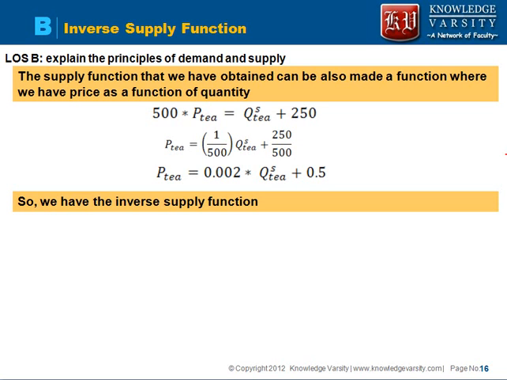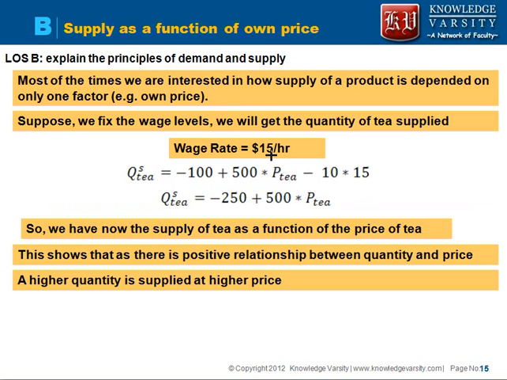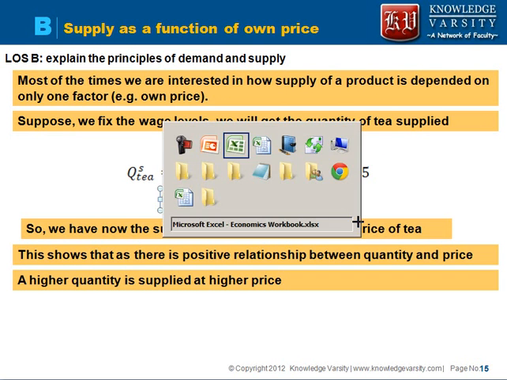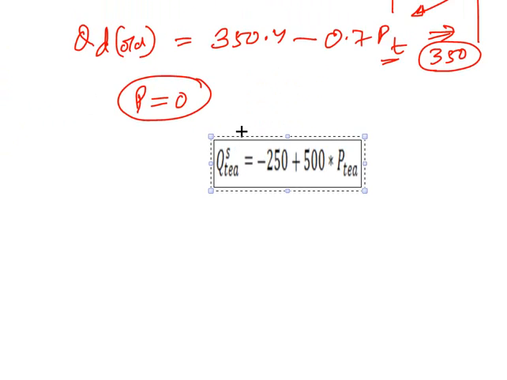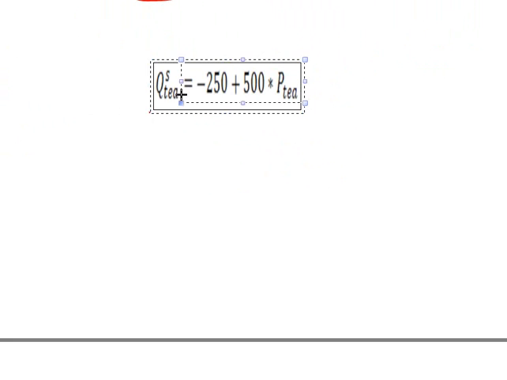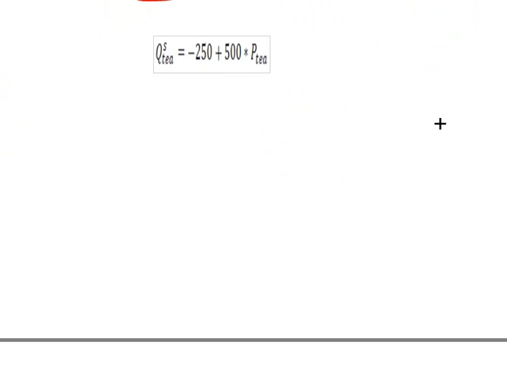We want to know the supply curve. Please note that for getting the supply curve we have to have price as a function of quantity. So this is our quantity supplied, quantity supplied as a function of price.